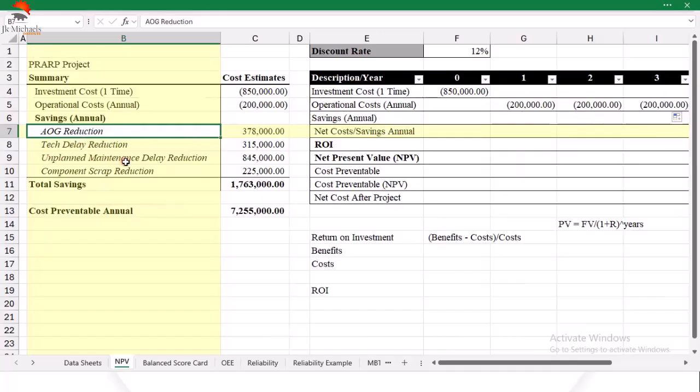Our unplanned maintenance delay reduction will be 845,000 US dollars. And then component scrap reduction, which is what we have been doing, that have been costing us this much, will be 225,000 US dollars. When we add this up, it comes to 1,763,000 US dollars. So let's enter this.